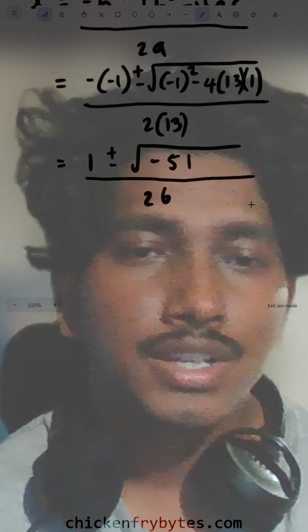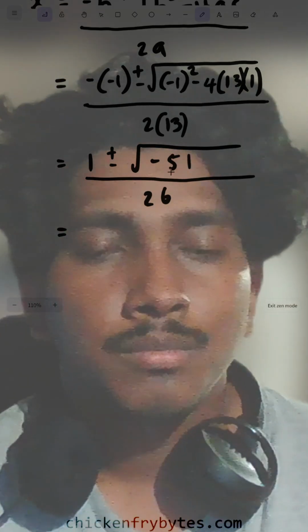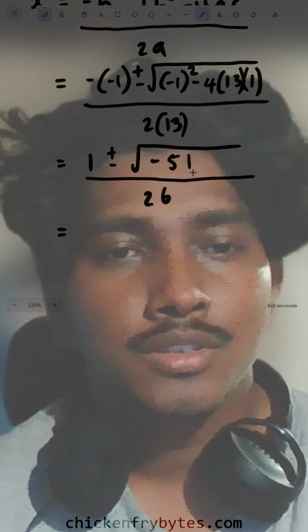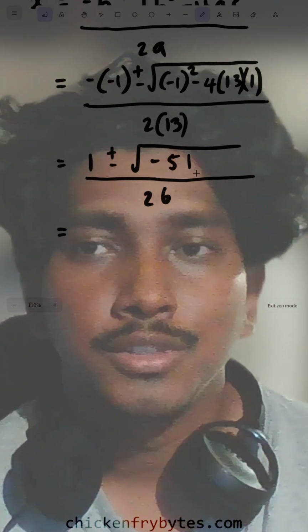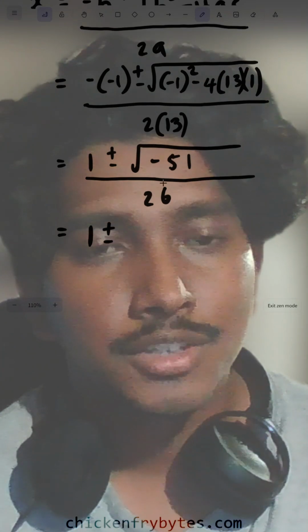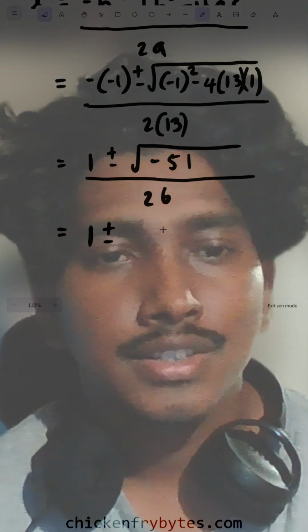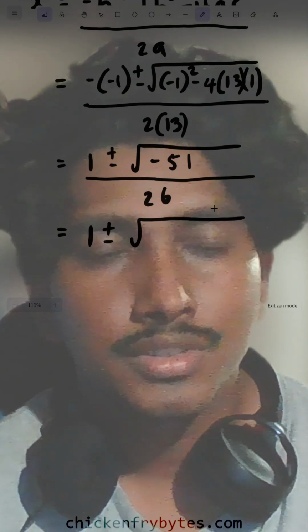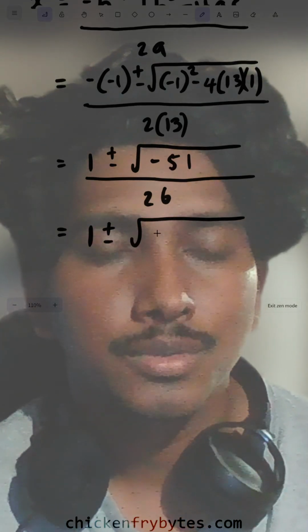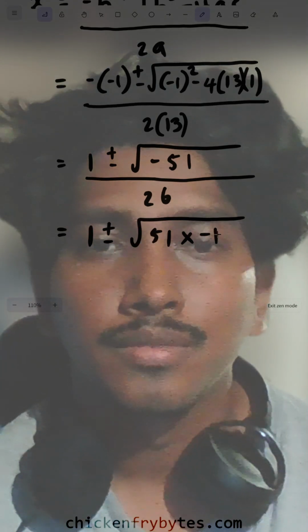We know that if you have the root of a number, and we express the number as the product of two of its factors, we can actually split the root between those two factors. So to simplify this, negative 51 is technically the square root of 51 times negative 1.